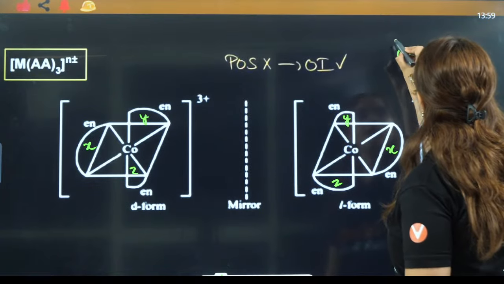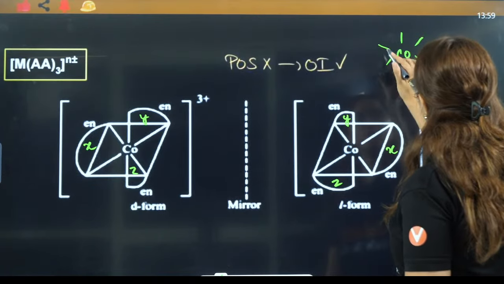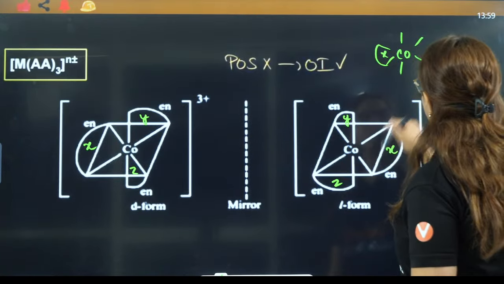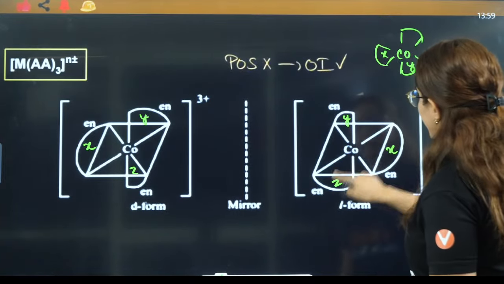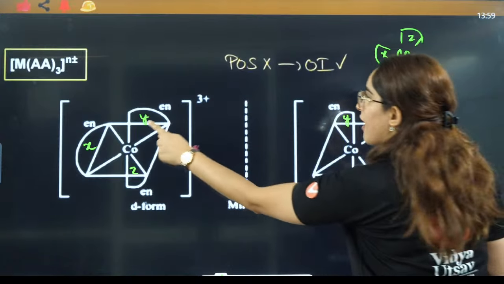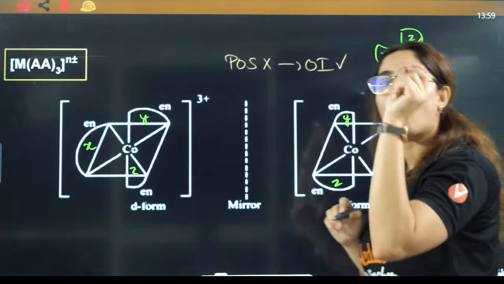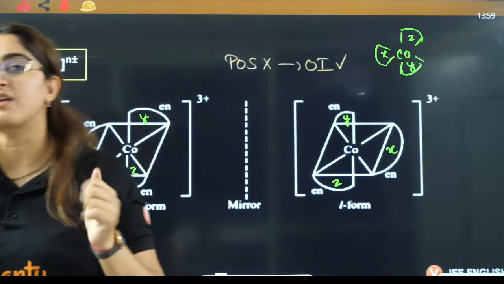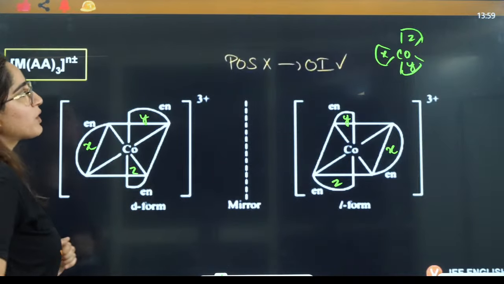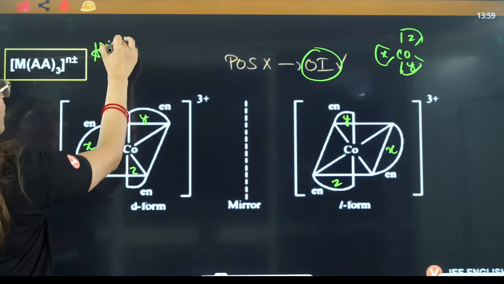If you see cobalt, 1, 2, 3, 4, 5, 6. Okay, if I rotate it to 180, this will become X, this will become Y here, and this will become Z. X is overlapping X, Y is overlapping Z, and Z is overlapping Y, so they are non-superimposable because X's are not same. So they are non-superimposable. That is why optical isomer is shown. This is very, very important.